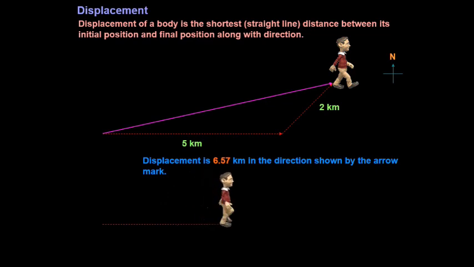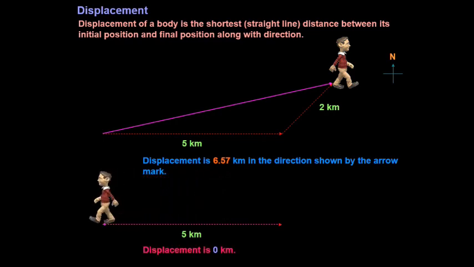Now let's see, if the person goes 5 kilometer towards east and then again comes back west, the displacement would be 0.